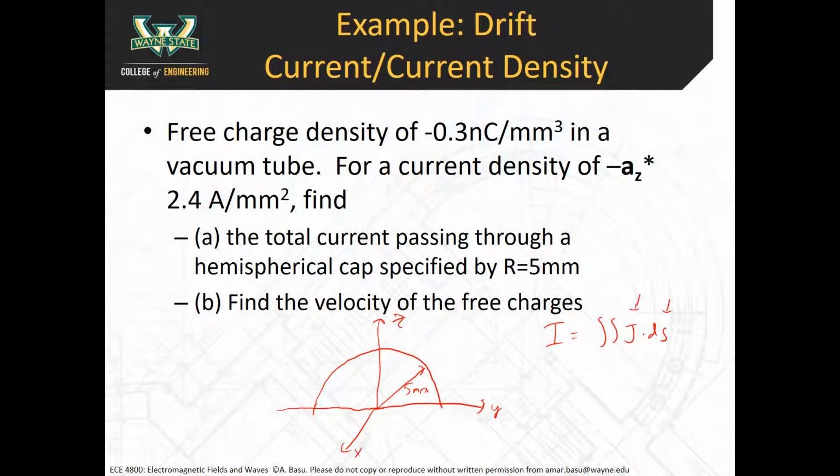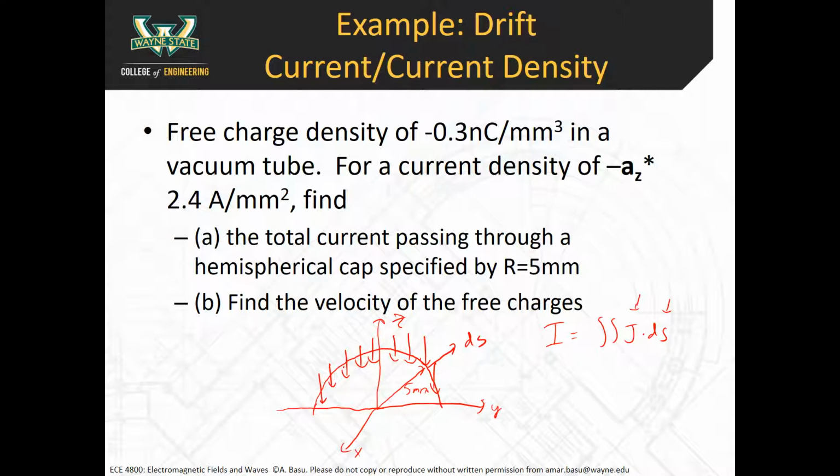So the current density vectors are going to be pointed this way. Now, what is ds? ds is a vector that is orthogonal to the surface you're integrating over, right? So ds is pointing this way. So that's the tricky part of this problem.